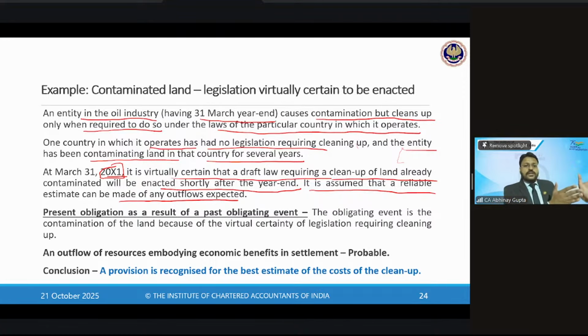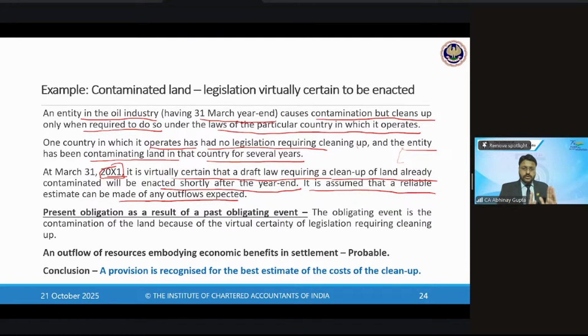Because conditions were there. On 31st March, the draft was available and talks were ongoing that this law will be enacted soon, right? And when we contacted the lawyers and the community who deals with those laws, they say, boss, just parliament approval is pending. Everything is done. Maybe in a week or so, or in 10 days, or in a month, you will get the law enacted.